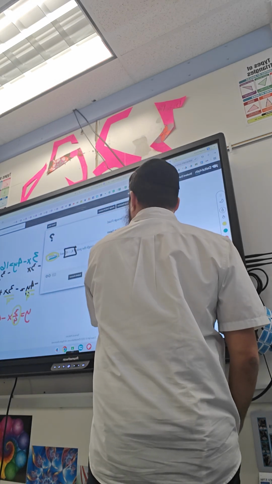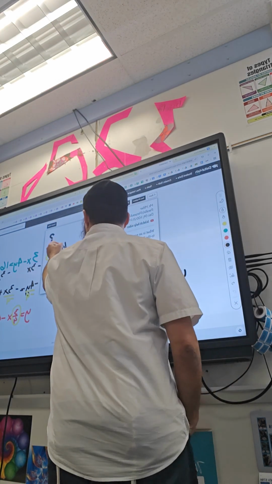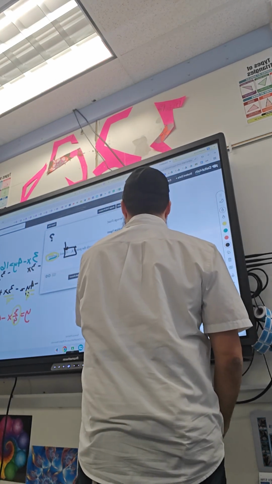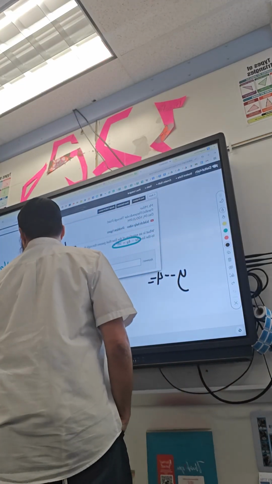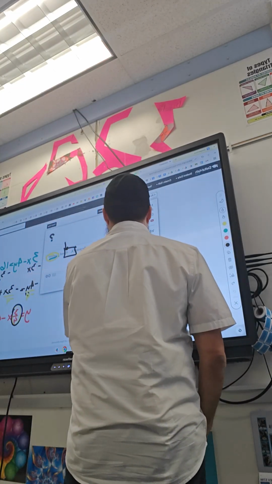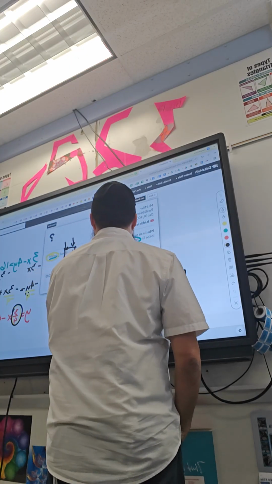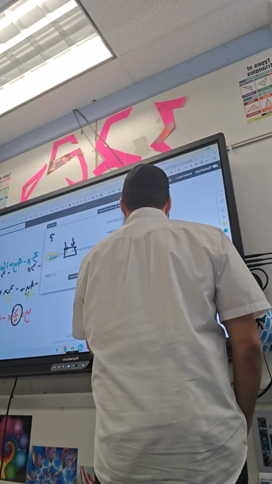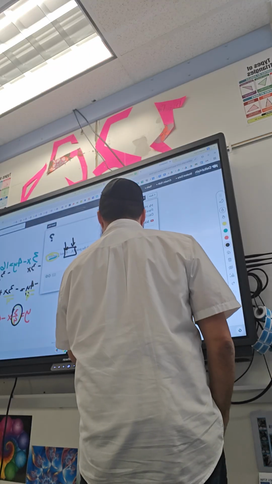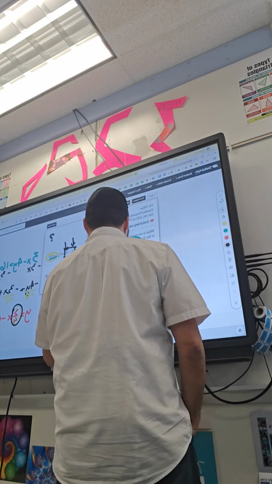So it's going to be y minus negative 4 equals the slope 3/4 times x minus 4. Y plus 4 equals 3/4 x minus 4.